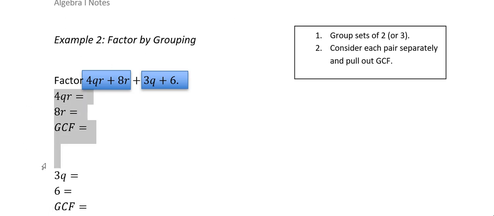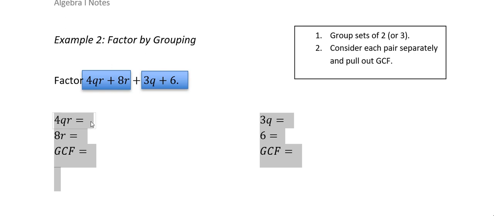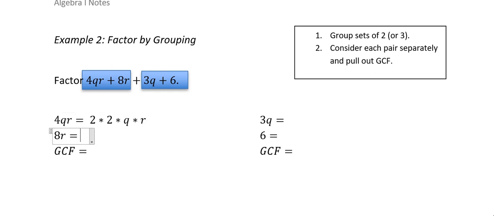So I'm going to try and put these in 2 columns so we can see them at the same time. Okay, so 4QR breaks down to 4 is 2 times 2, and then we have a Q and an R. 8R, we did it earlier, 8 is 4 times 2, and 4 is 2 times 2.